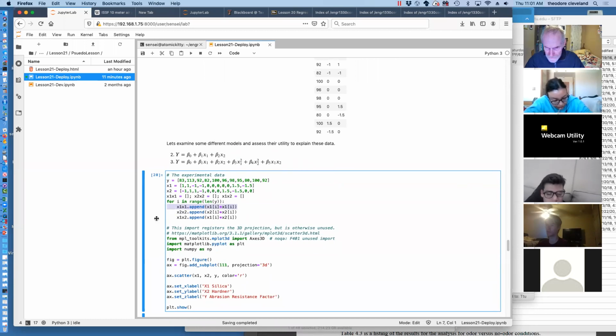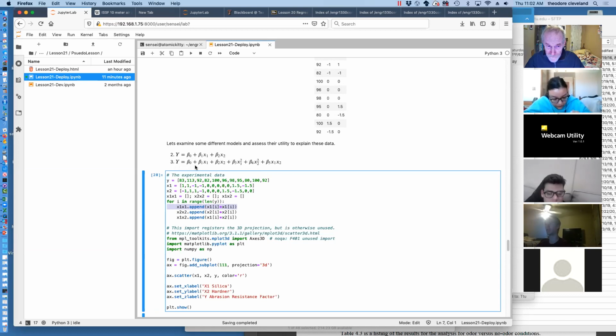So what does that line of script do as we're building our experimental data streams? You're appending the x1 times x1 values. Okay, and up here in equation number 3, what column is that going to be used as?